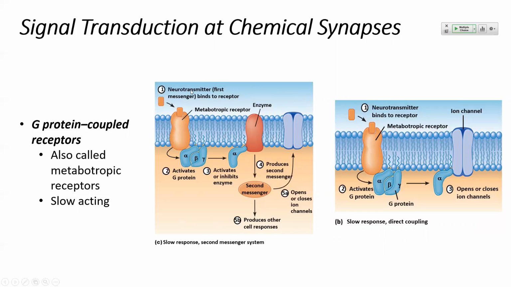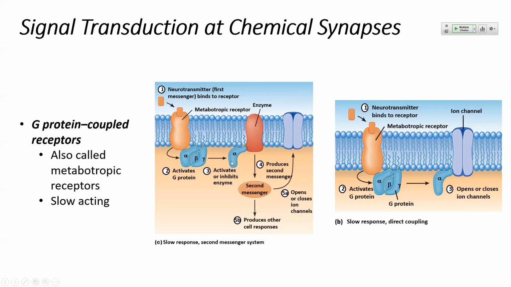So we have the binding of our neurotransmitter to the metabotropic receptor, and as we indicated earlier, this is a G-protein coupled receptor. So the receptor itself is coupled to a G-protein, which is located here. And this G-protein has three different subunits, an alpha, a beta, and a gamma subunit. And the binding of this neurotransmitter triggers the dissociating off of a part of this G-protein here.